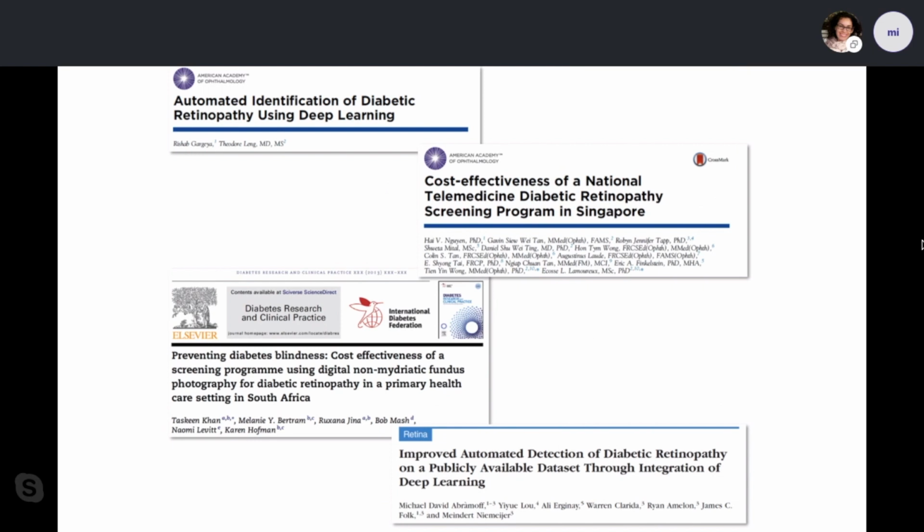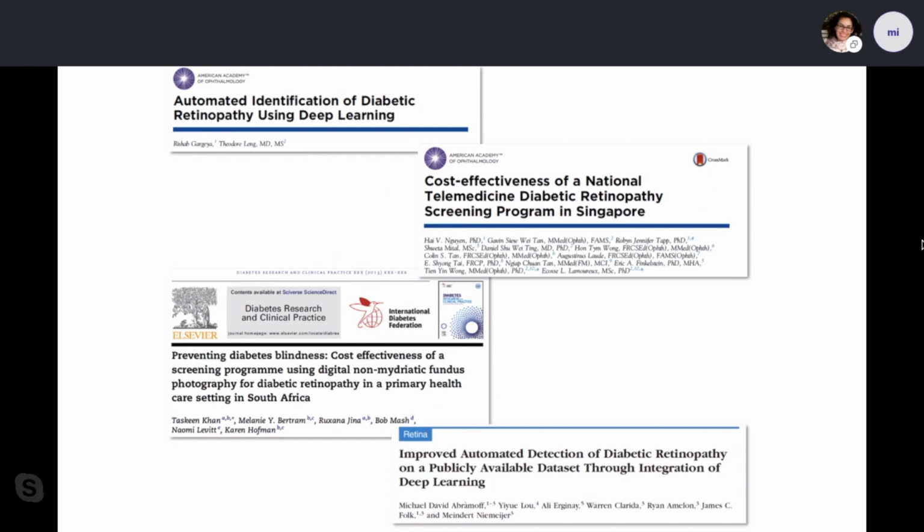So of course we're not the first to look at this. The feasibility and the efficacy of automatic detection has been shown before using deep learning, and it has also been shown that those programs will be very cost effective in national pilot projects. But on the other hand, those projects are not running outside of a research setting.